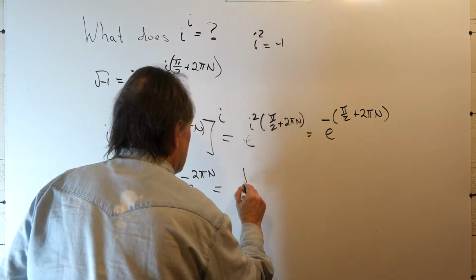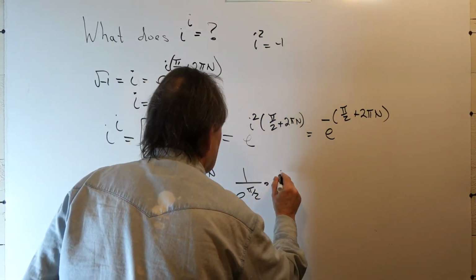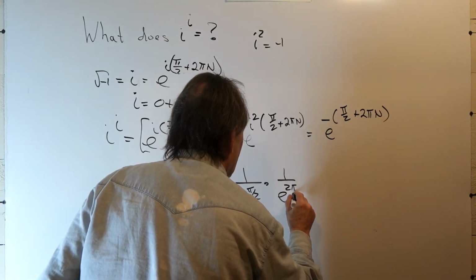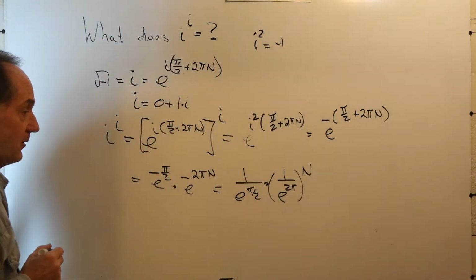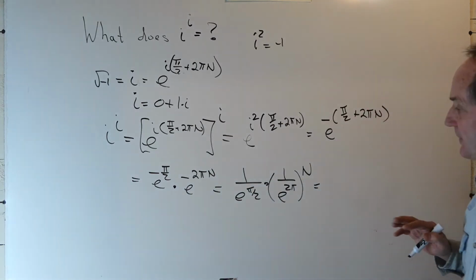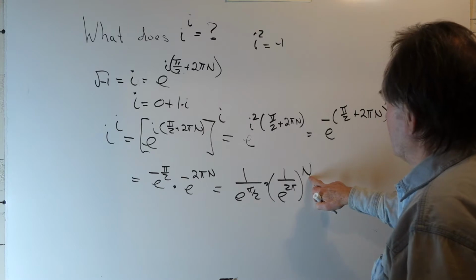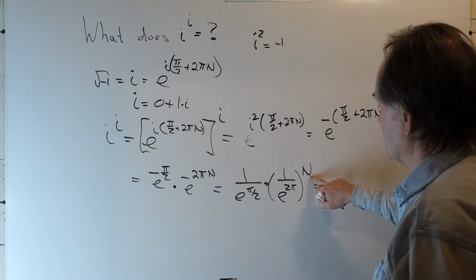So this becomes 1 over e to the pi over 2 times 1 over e to the 2 pi, raised to the n power. That's the result, as n can be 0, plus minus 1, plus minus 2, and so on, any integer.